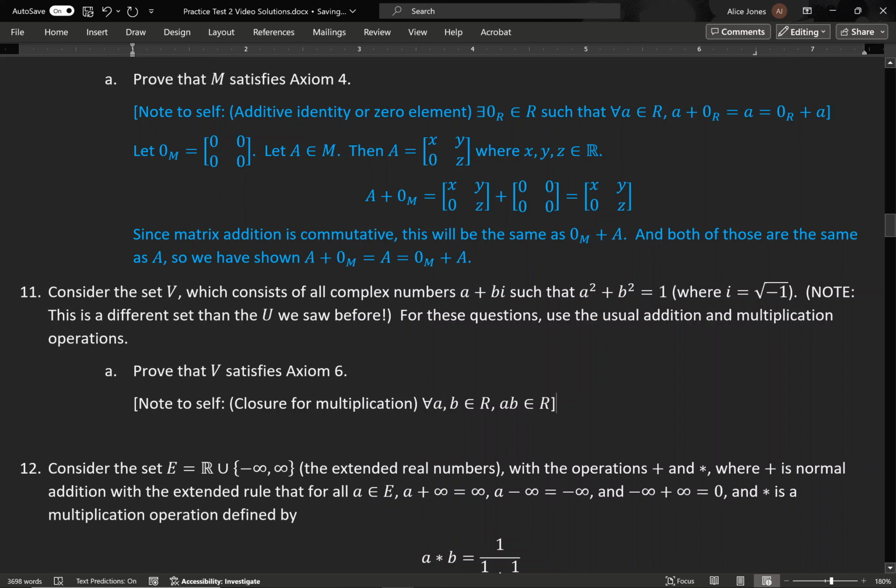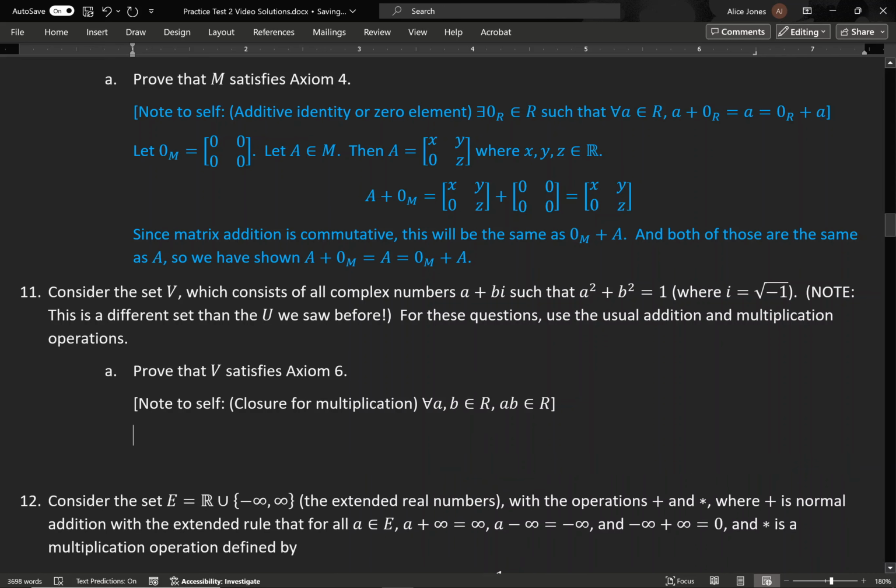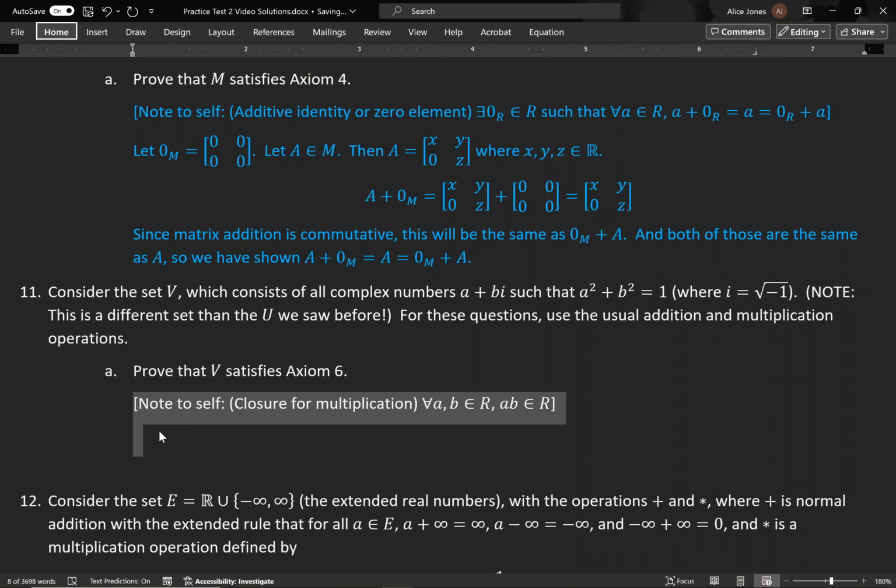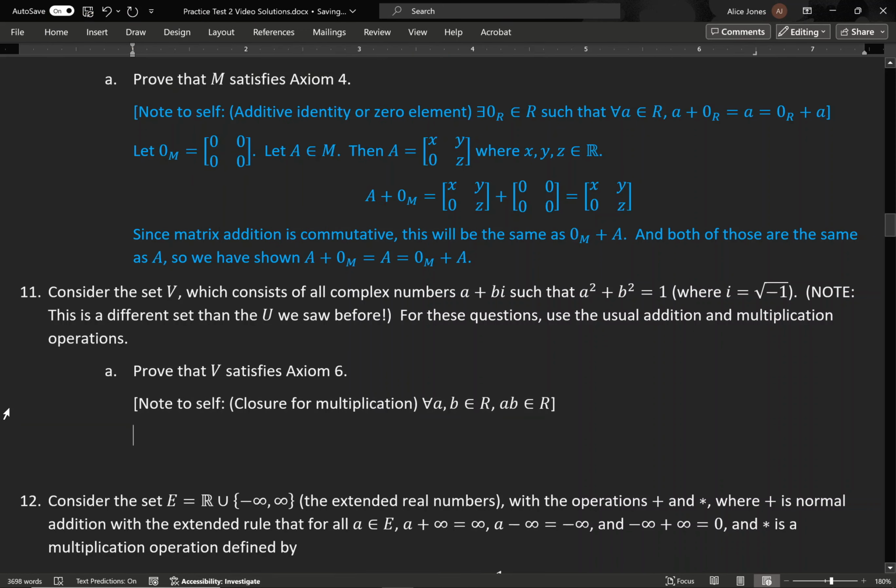In order to prove a for all statement, I need to make this part into a let statement, and then I need to show this part. So I'm going to start off by making this blue. I have a bluing macro that turns things blue.